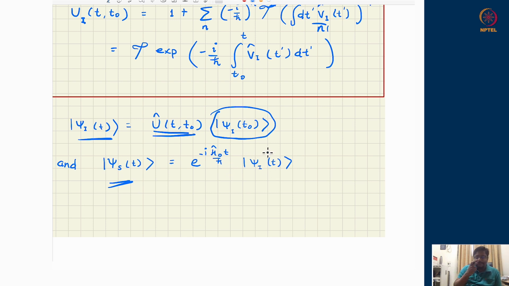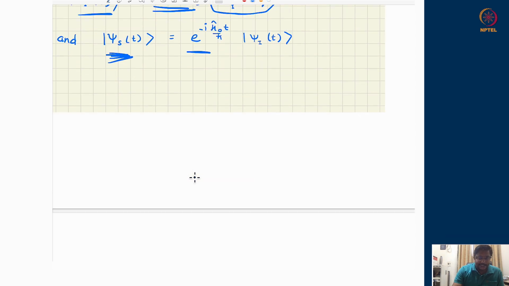So this is a game in which I can just focus on the potential or the perturbation Hamiltonian, do its time evolution with the free Hamiltonian, the free unitary U naught, and then I get a V_I which behaves as if it is the Hamiltonian of the interaction ket psi I, and that psi I is related to psi S through a unitary multiplication. Why have we done all this exercise?